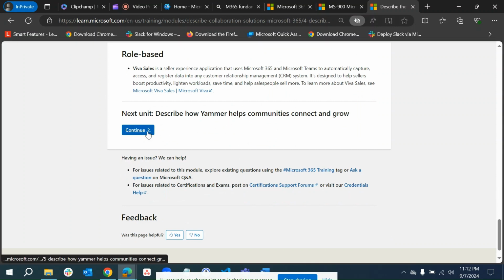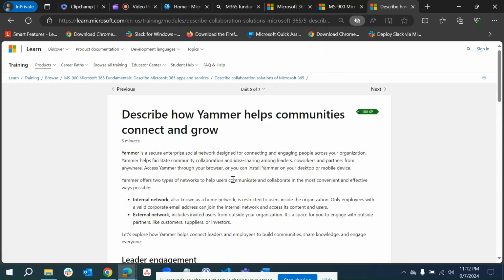So next would be Yammer. Yammer is a secure enterprise social networking tool, as I said, for corporates or for companies, which offers two types of networking, which is internal network and external network.